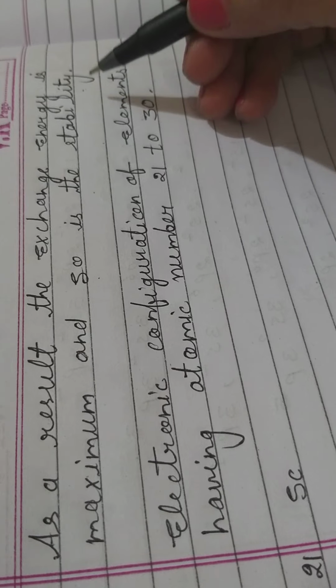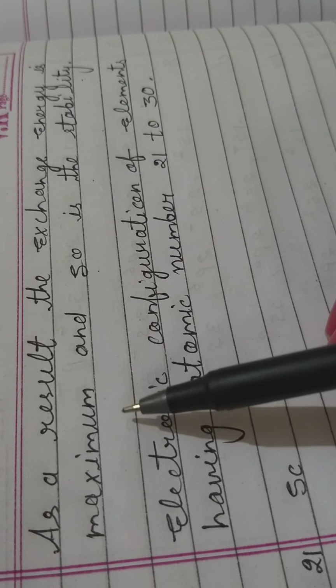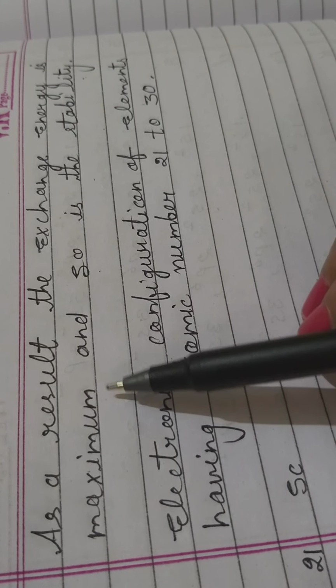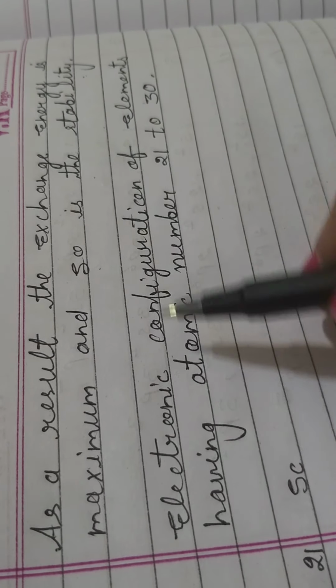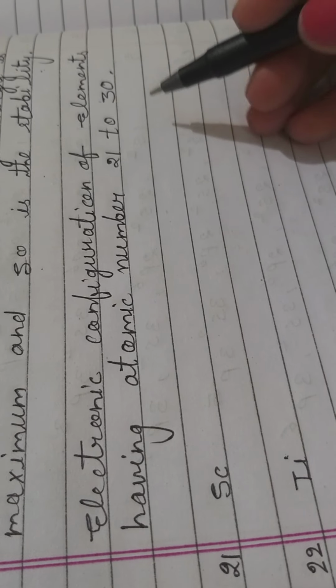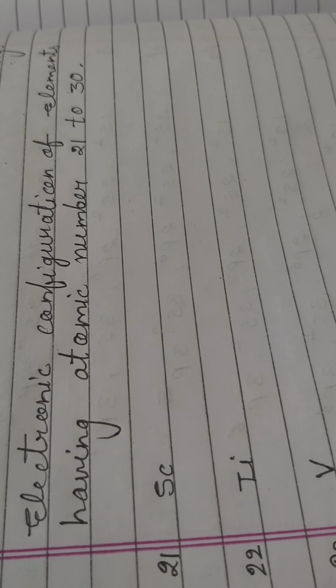Here I have brought the electronic configuration of the elements with atomic numbers 21 to 30. Let's discuss them one by one.